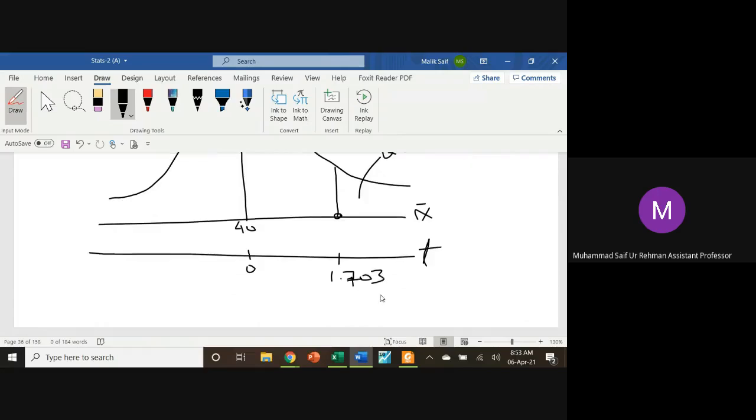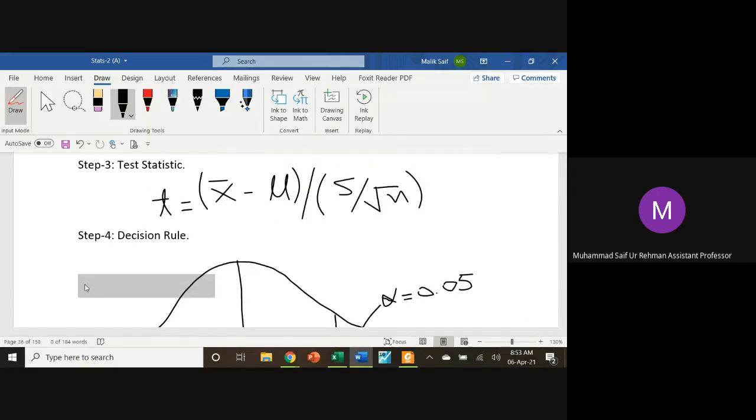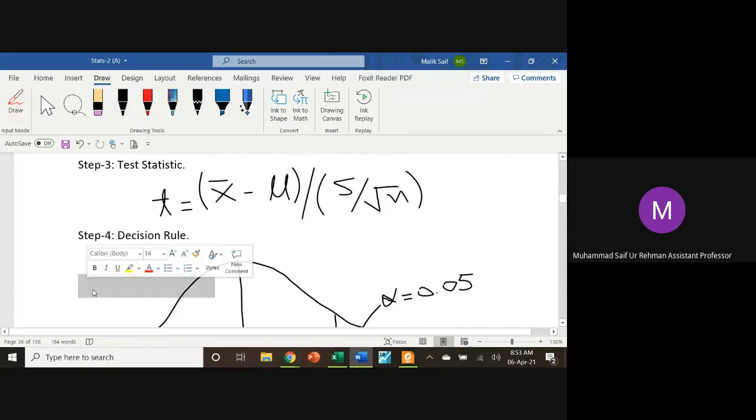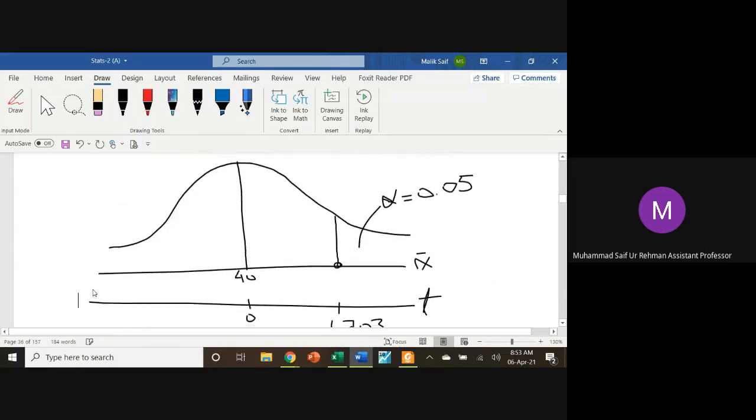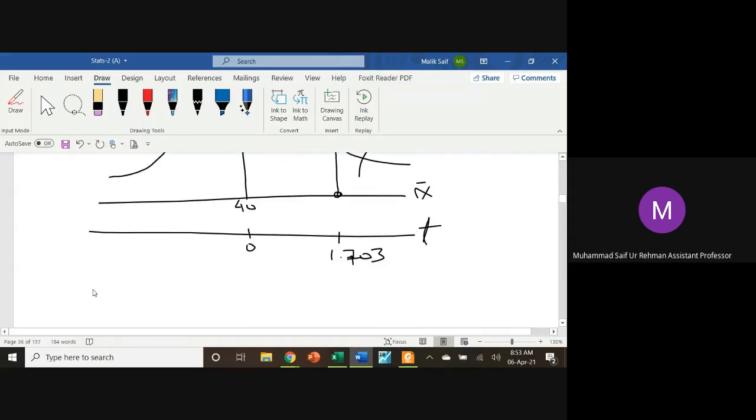Okay. So here you will write down a statement like this: if the calculated value of t statistic will exceed 1.703, we would reject H naught.